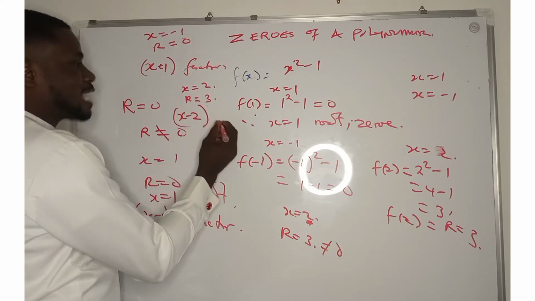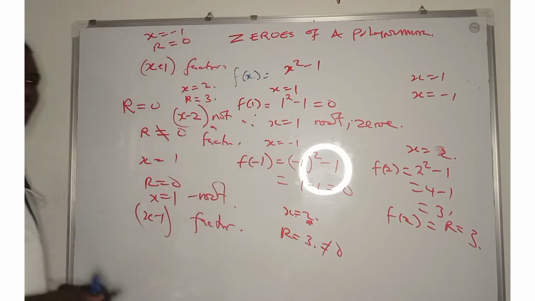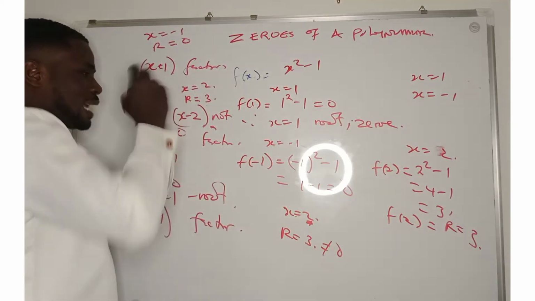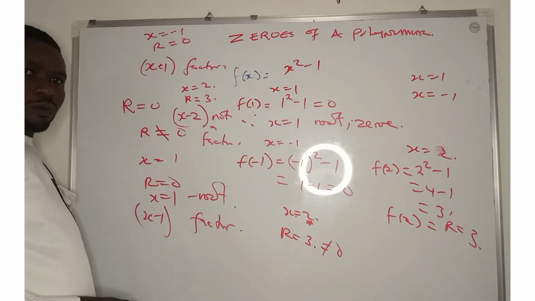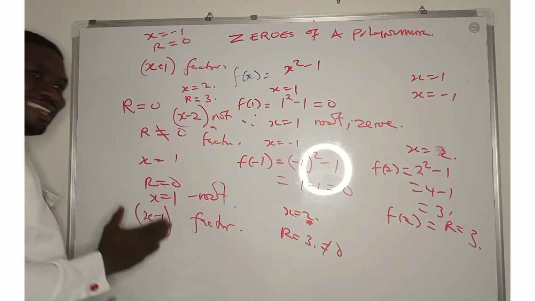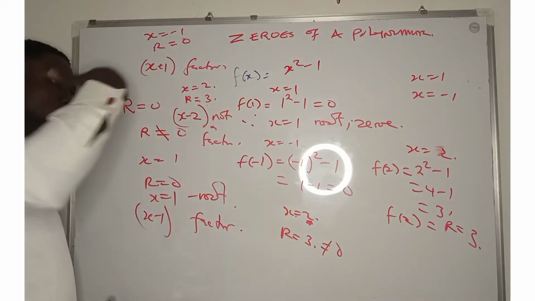It also tells us that x minus 2 is not a factor of that expression. For x minus 2 not to be a factor, it means that x minus 2 cannot divide x squared minus 1, giving a remainder of 0.